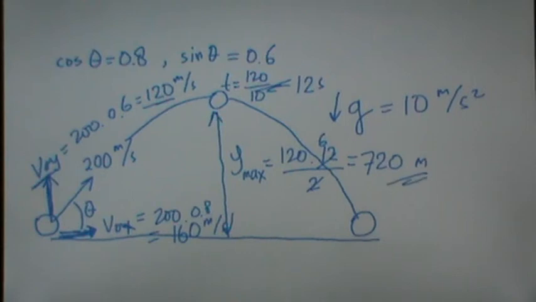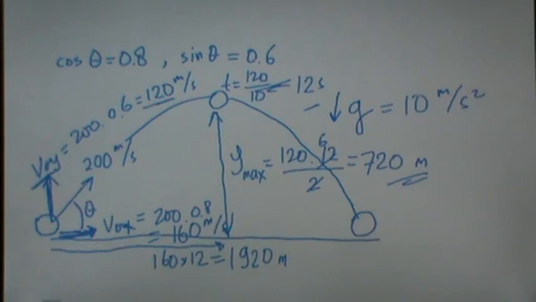Now for the horizontal distance here, since the horizontal distance is for the constant velocity motion and the traveling time is 12 seconds, then the distance here will be 160 times 12.